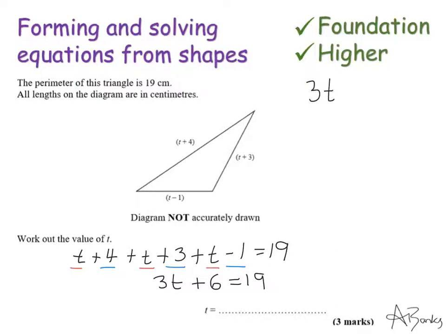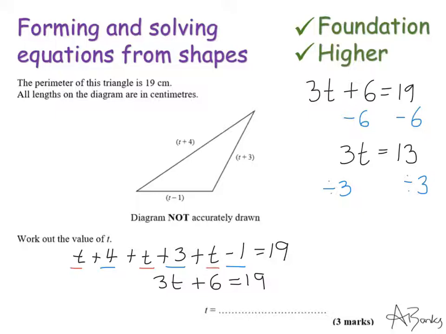So 3t add 6 equals 19. So I'm going to take away 6 from both sides. That'll give me 3t equals 13. And then divide both sides by 3.